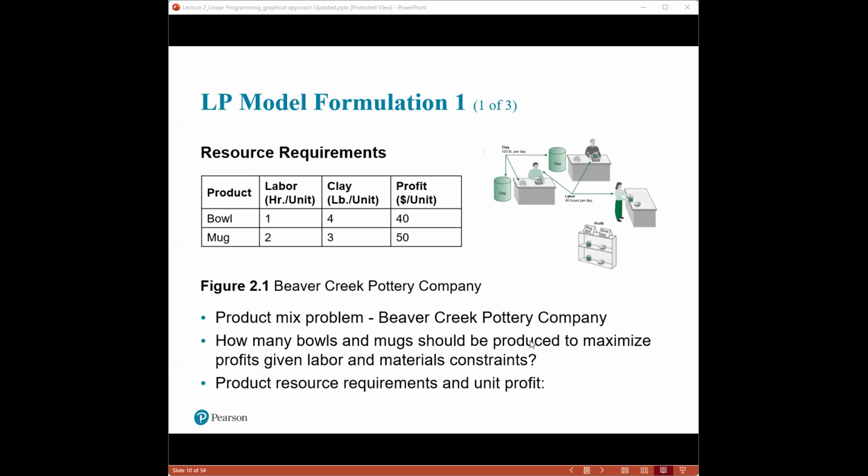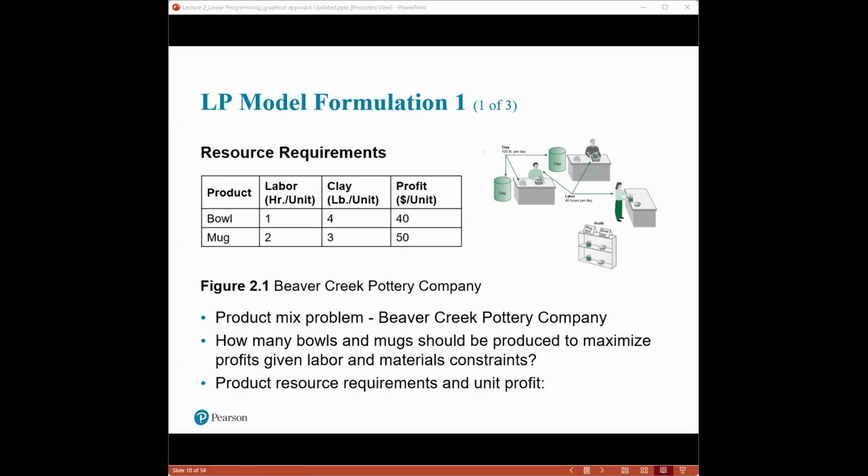So, if we produce a bowl, we get how much profit? 40. So 40, and how many bowls are we to produce? We don't know. In order to maximize profit, remember.